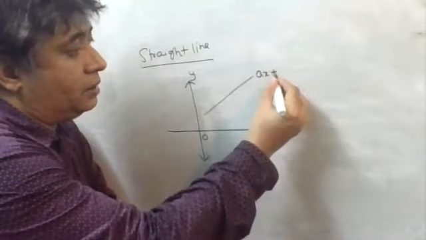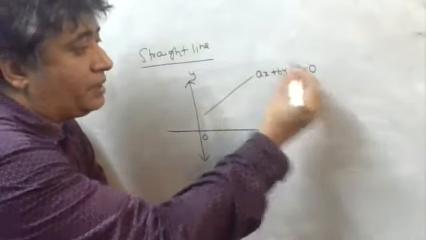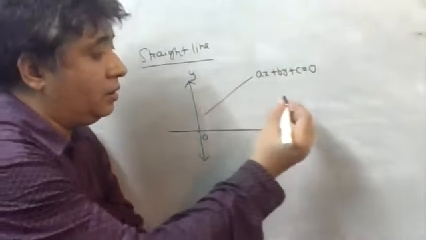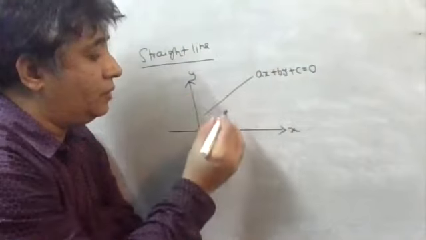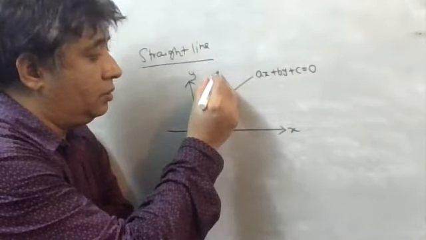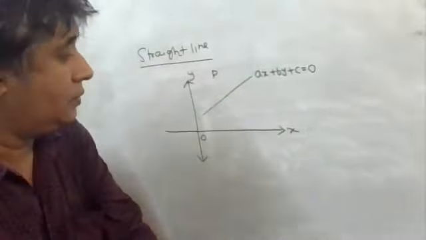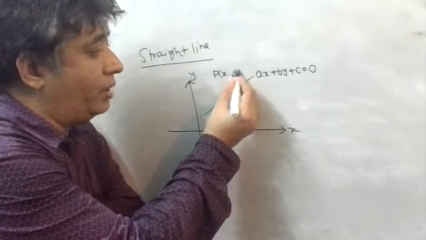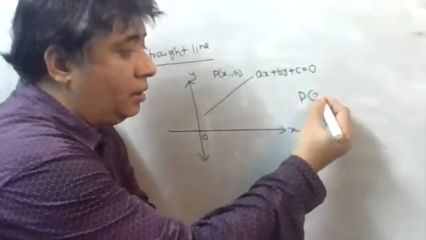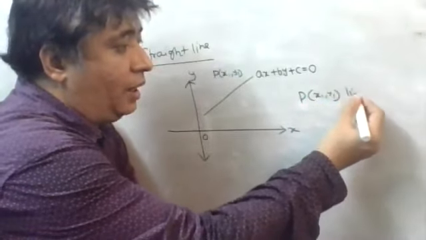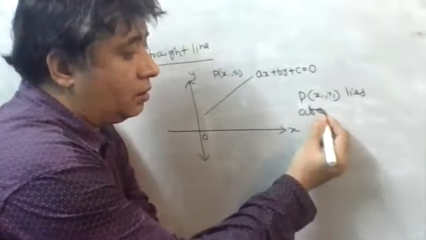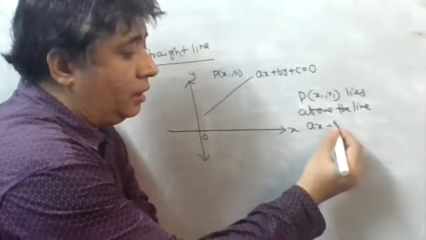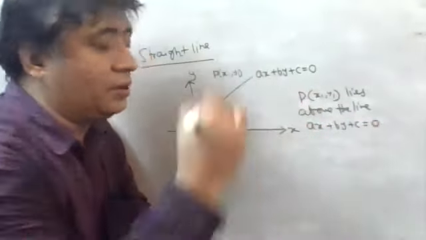The line is ax plus by plus c is equal to 0, and one point P, that is x1, y1, lies above the line ax plus by plus c is equal to 0.